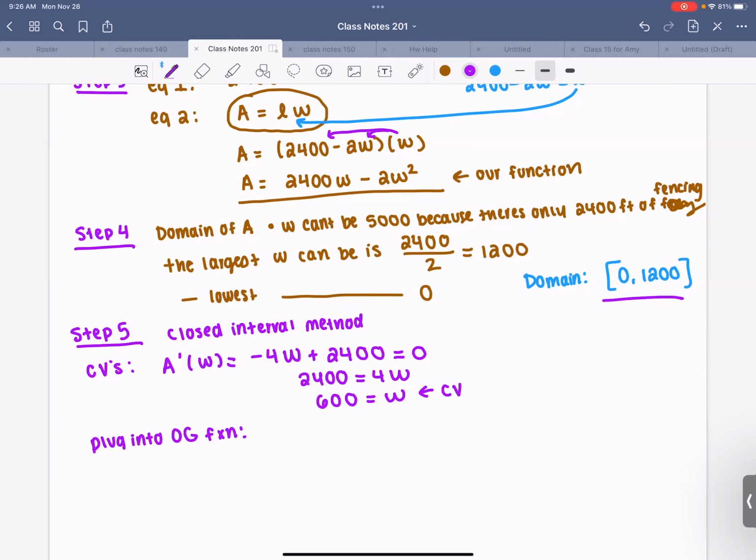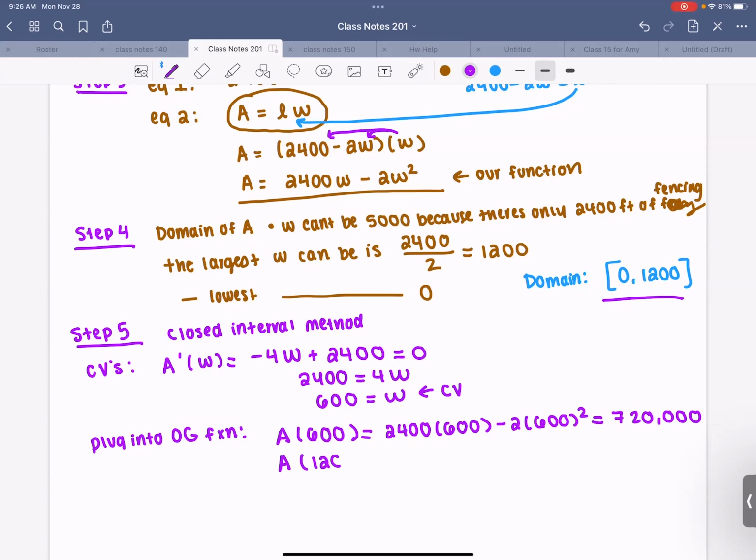So I'm going to do A of 600, and plugging W into that gives me 2400 times 600 minus 600 squared. I'll save you some arithmetic here. You can check me on this, but I'm getting 720,000. What other numbers am I plugging into A?